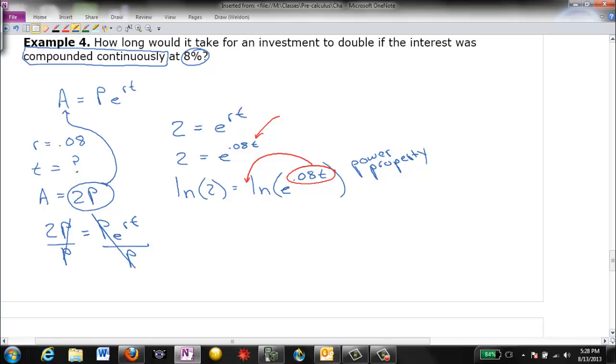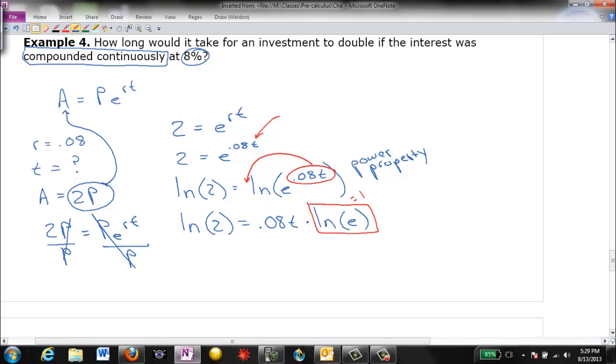So now I have the natural log of 2 equals 0.08t times the natural log of e. The next thing we need to focus on here is this natural log of e. Hopefully by now you recognize that the natural log of e is just 1, so that part of the equation is just 1.